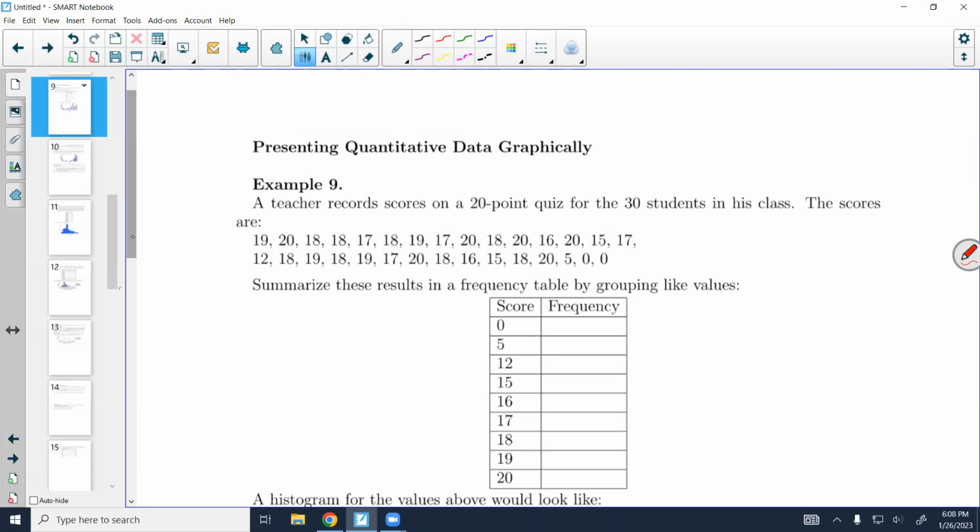So we start out with 0. And then 1, 2 zeros.